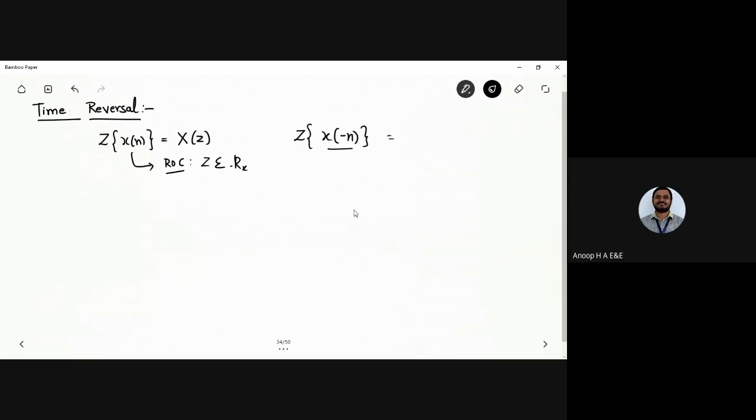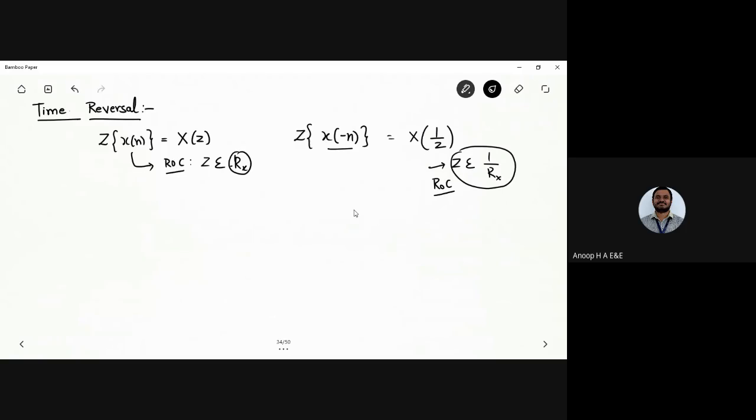That would be x of 1 divided by z. So you need to take the inverse of the z term in the algebraic expression, right? So now this z would belong to 1 divided by Rx. So the region of convergence is z, which is the reciprocal of the ROC of the original signal, say x of n.